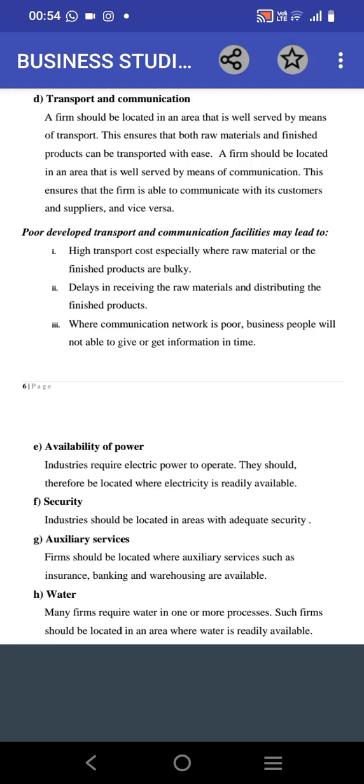And you should locate your farm where there is security to ensure the goods and products are safe. Where there is insecurity, the products will not be secure.